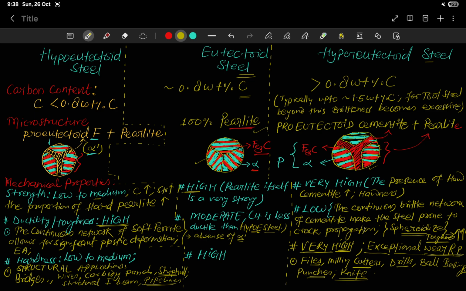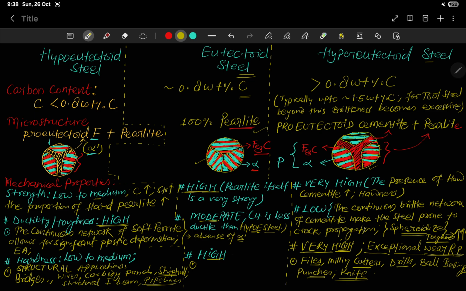Now let's come to eutectoid steel. In eutectoid steel, its strength is high. Now think of applications which need high strength, with moderate toughness, and high hardness. What does that mean?